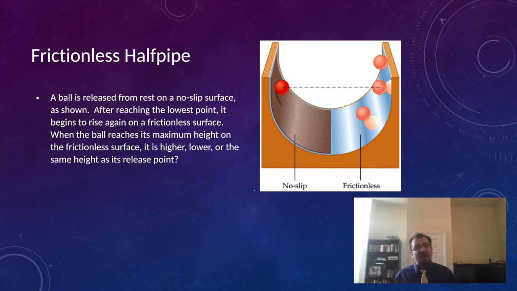And this is a common problem that you might end up seeing on an AP style question. So here we have something that's starting up on this side, on the part that's going to make it start rotating, and then as soon as it gets to the bottom, that rotational energy isn't going to change, so it's going to maintain its current motion.